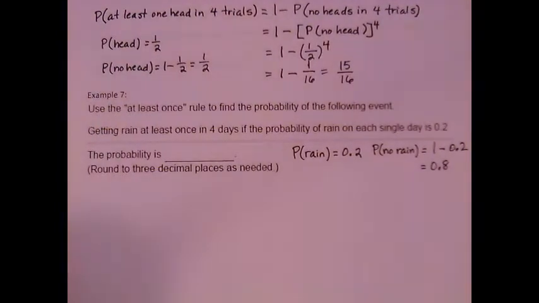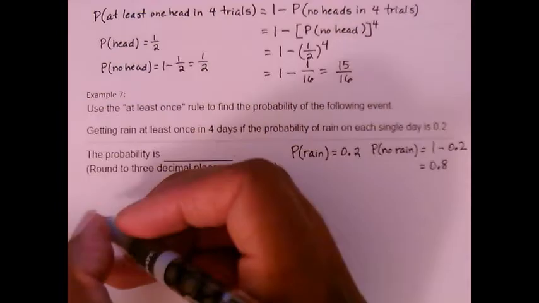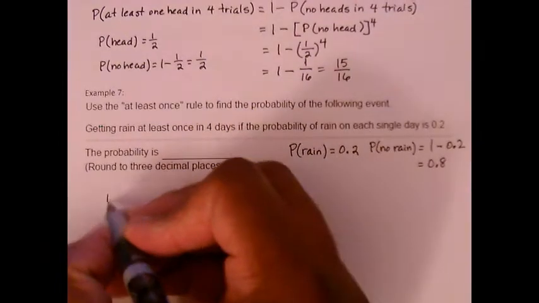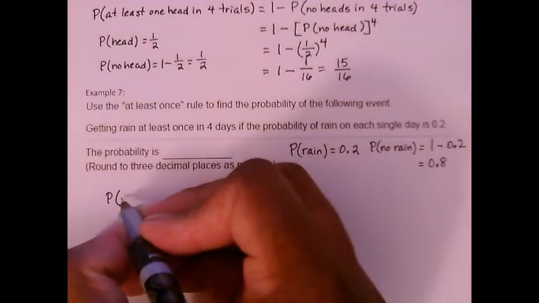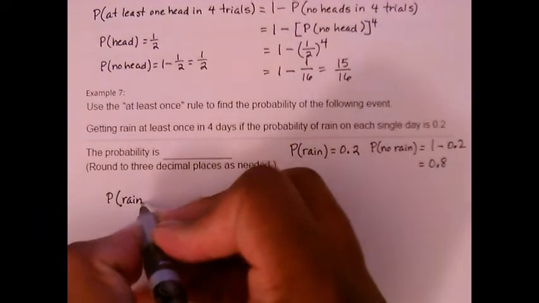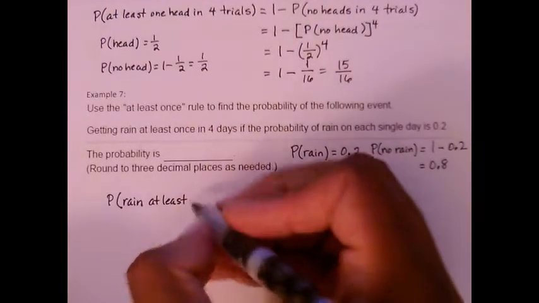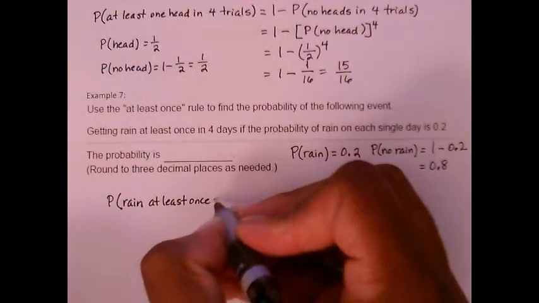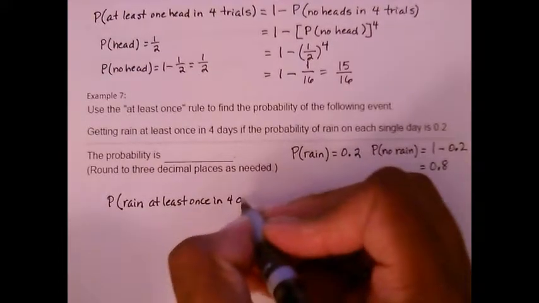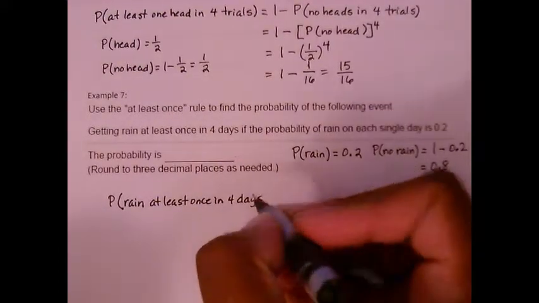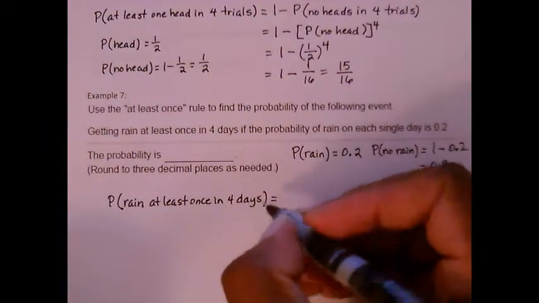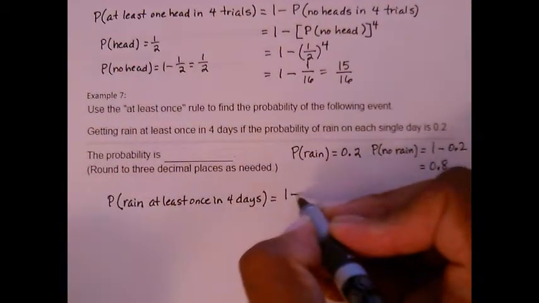Okay. So now let's find the probability of getting rain at least once in 4 days. That's going to be this.